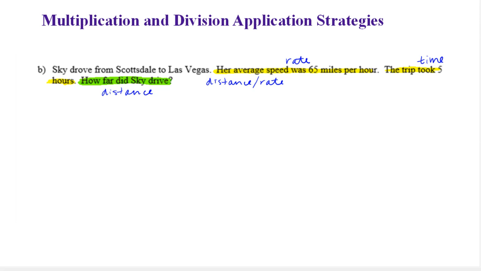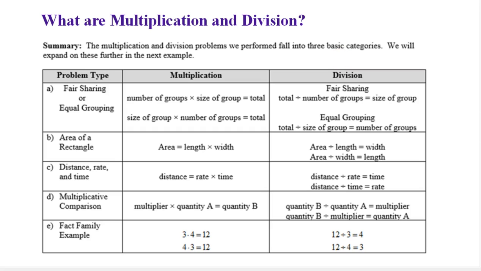Actually, just let's write this. That might look like division. And we actually know from the chart, which we'll look at in a second, that distance equals rate times time. Okay, so looking at our chart, here it is, distance equals rate times time.